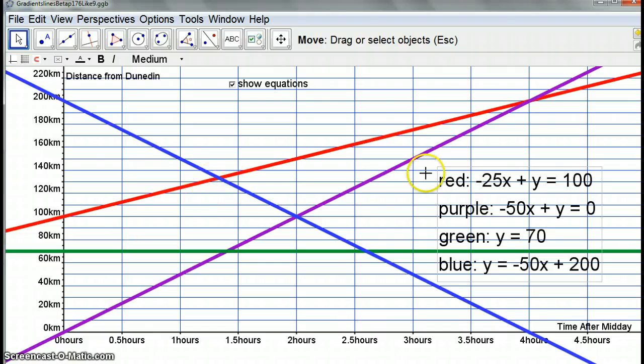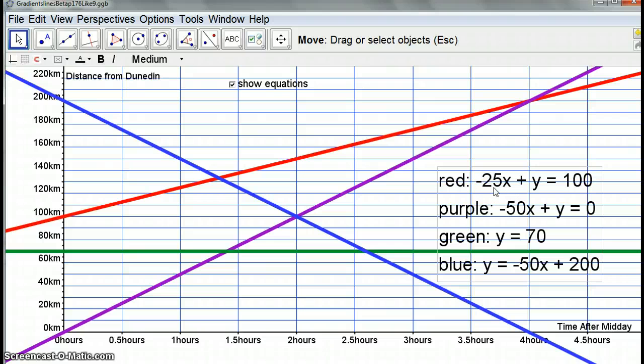Going back to the GeoGebra one, I've shown the equations just to check our working. With the 25x plus y, oh, this is all the wrong way round, isn't it, algebra-wise? That's a different format to the format we did.